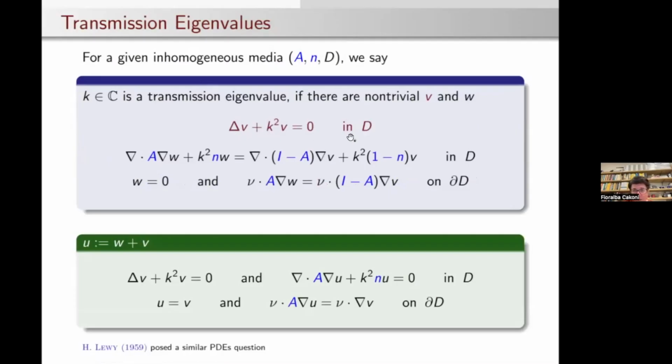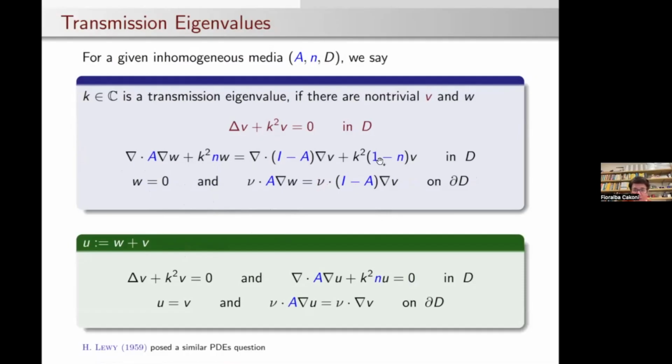One is the equation for the incident field, but here it is now part of the unknown in D. And then I have this equation for the scattered field. And then I have two boundary data. So two unknowns, two boundary data, it's perfectly fine. So we can actually rewrite this in terms of the total field.